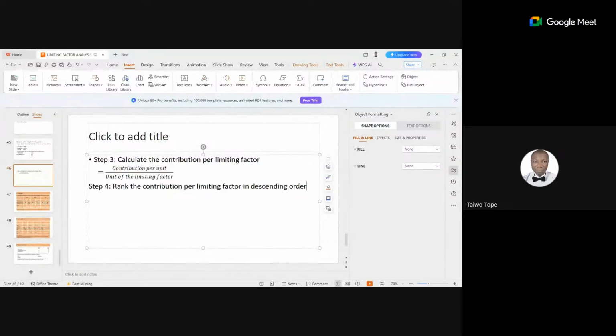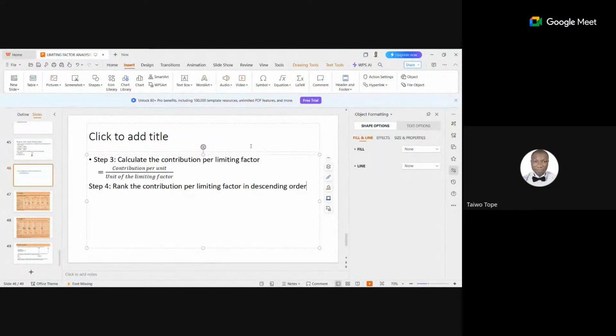Some of these things will make sense when we solve using a question. Once you determine your ranking, you allocate the available limiting factor on the basis of priority, starting with the product that gives you the highest contribution.